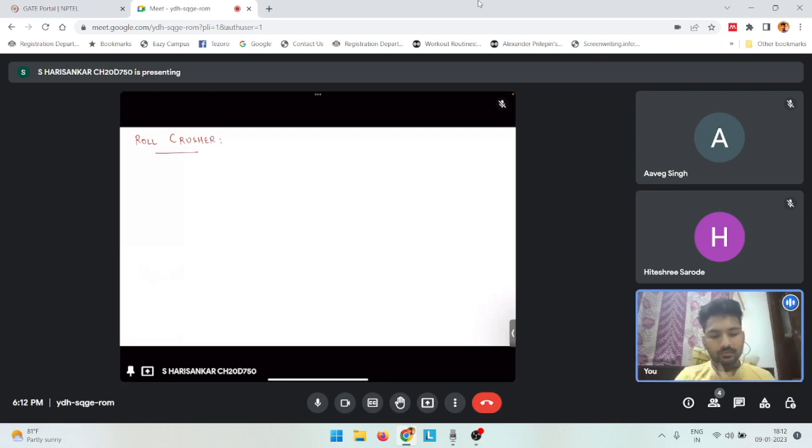Roll crusher, as the name suggests, is a type of crushing equipment, which means the basic principle of a roll crusher is compression. I'll briefly draw a sketch of it.